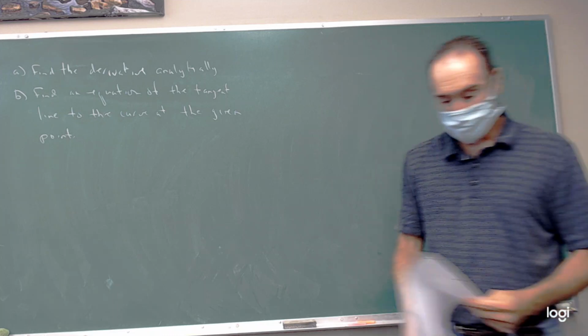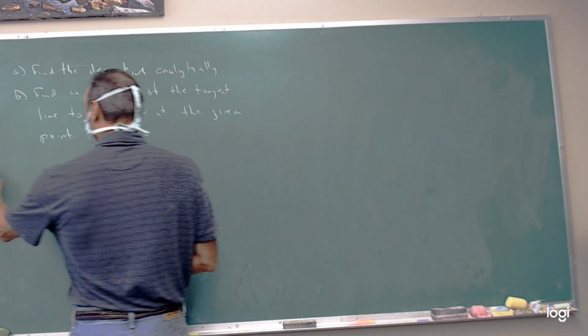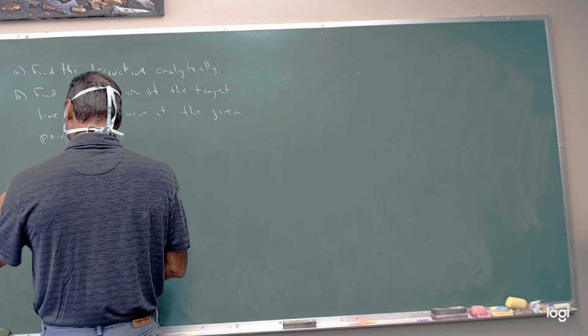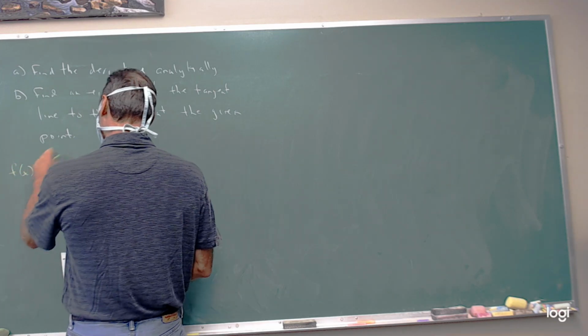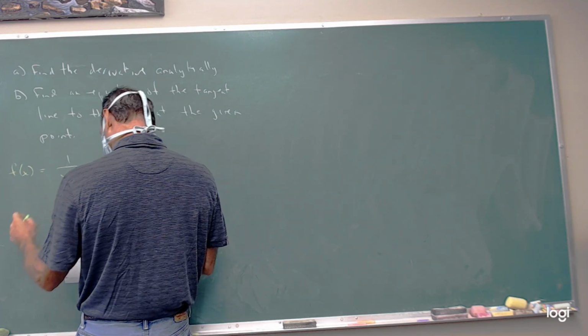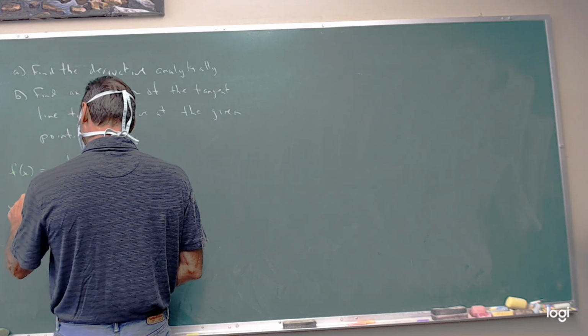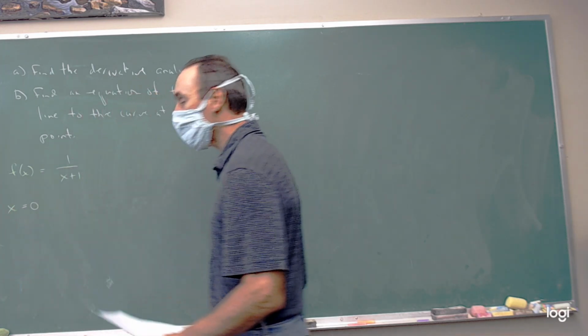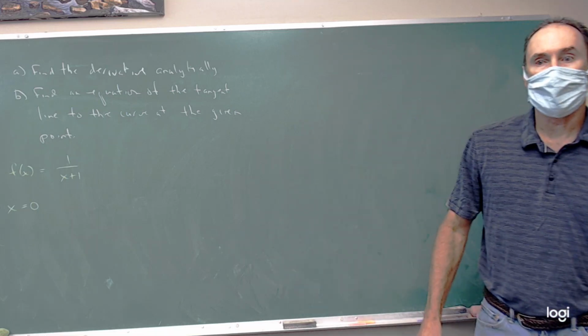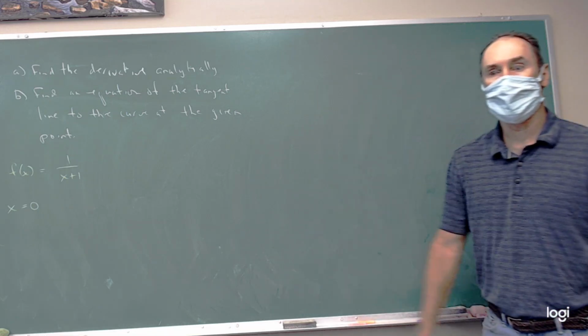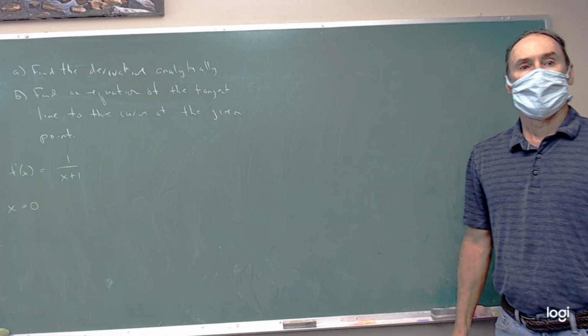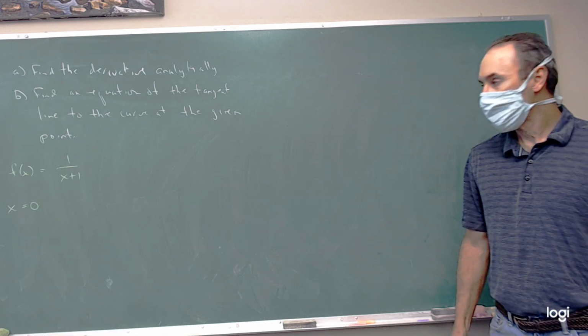Okay, so the first one, we're going to say we've got f of x is going to be 1 over x plus 1, and we're going to find the derivative and the equation of the tangent line at x equals 0. That's our value of a. All right.